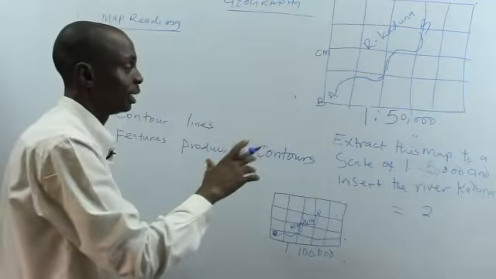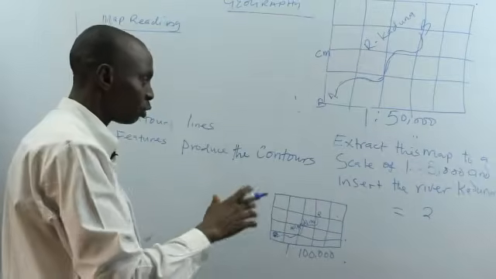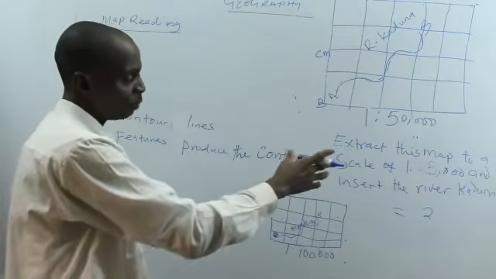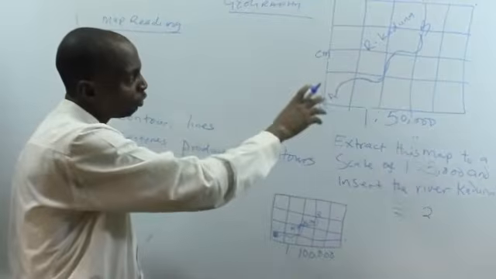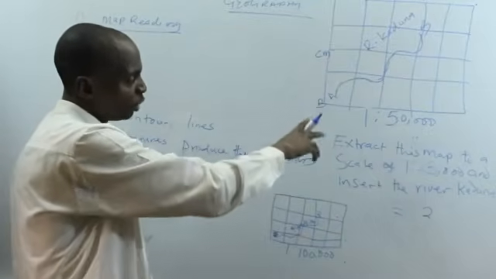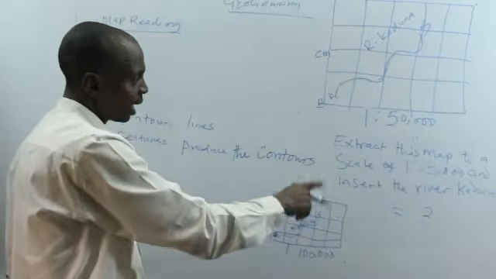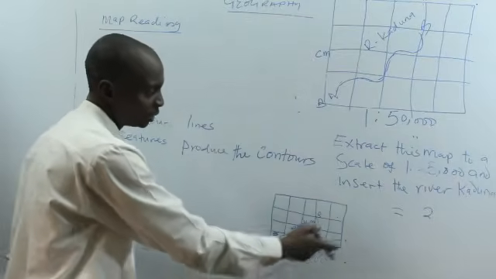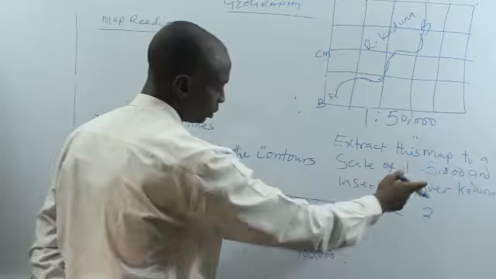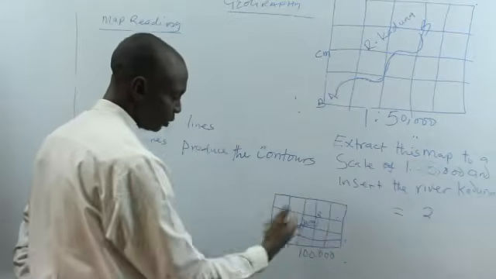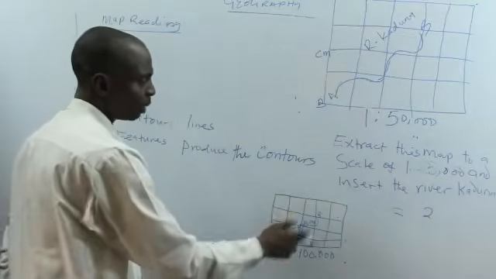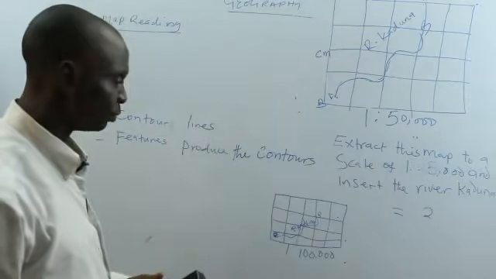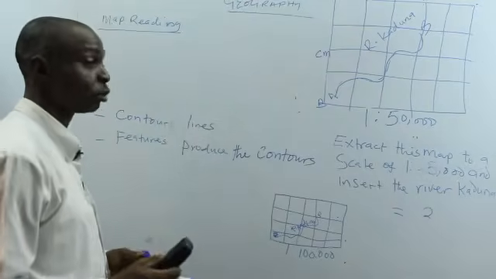If you understand map enlargement, you also need to understand map reduction. So use the knowledge of map reduction that we have done here, reverse it, and enlarge this map. Look at the scale here, 1 is to 100,000. Here 1 is to 25,000. So give me this map enlarged to this scale. In our next class, I'll see what you have done before we move to contour lines.